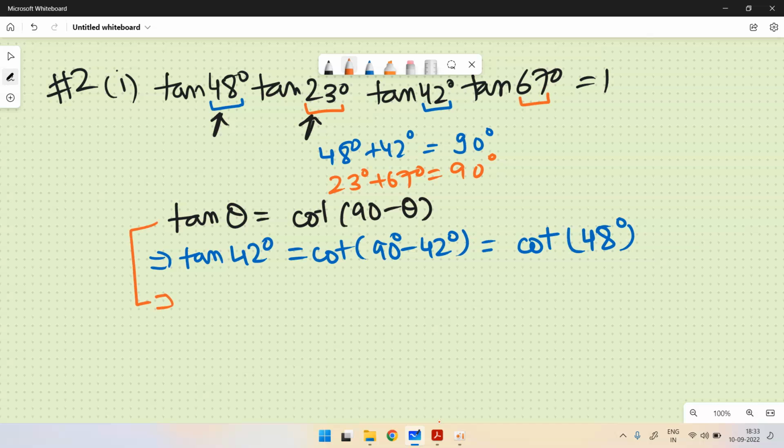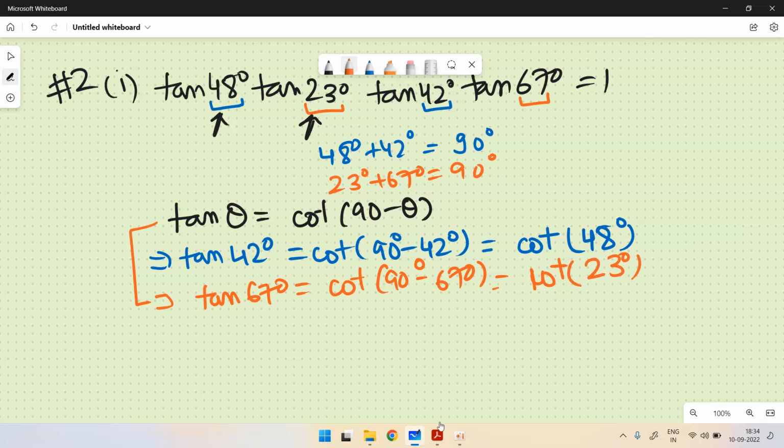And from here only, tan of 67 degree is nothing but cot of 90 minus 67 degree, which is cot 23 degree.